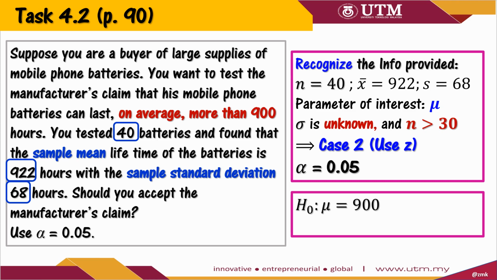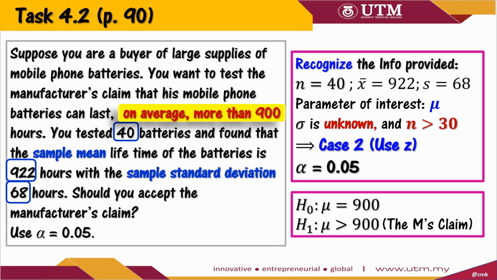We are to test the manufacturer's claim that his batteries will last on average more than 900 hours. The word more is a very strong keyword that helps us to write H1. This statement, that is the manufacturer's claim, should be under H1, that is mu is more than 900.